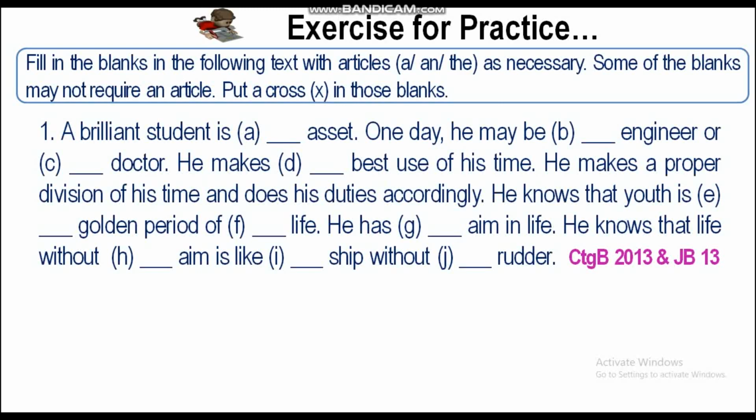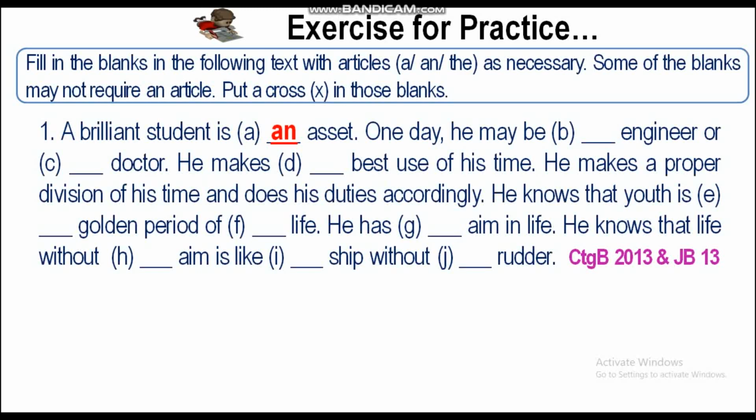Let's now use necessary articles in the blanks. A brilliant student is dash asset. The word asset starts with a vowel, so article an will be used before the word asset. One day, he may be dash engineer.